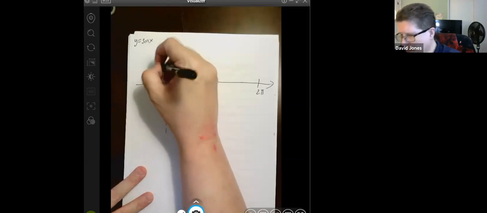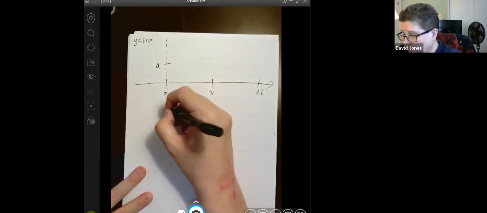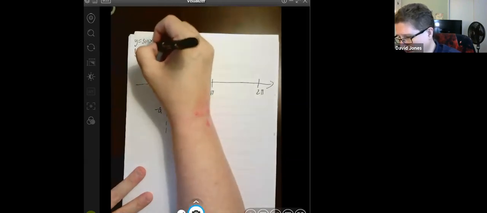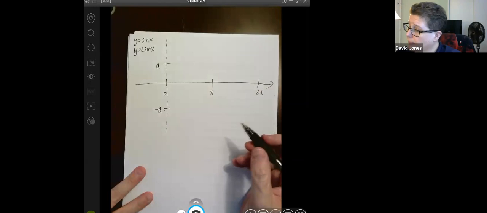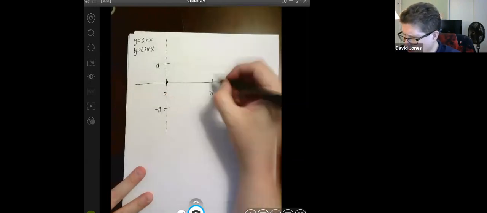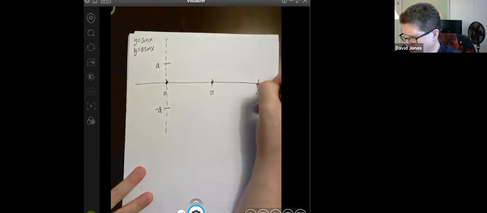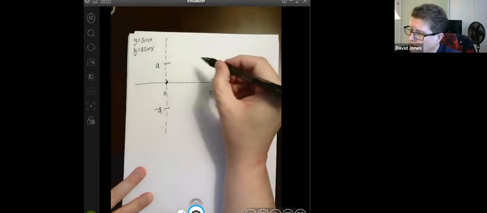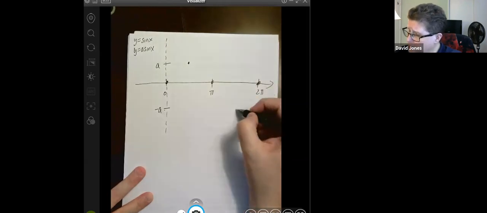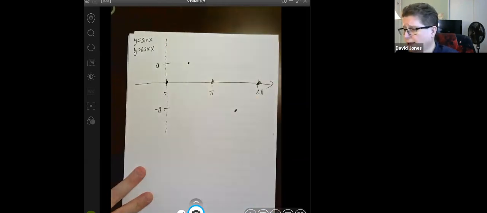I'm going to put in a and negative a, because really, let's do y equals a sine x. Sine is 0 there. And 1 and negative 1 there. That's the base points for sine. I don't really need to put it in.